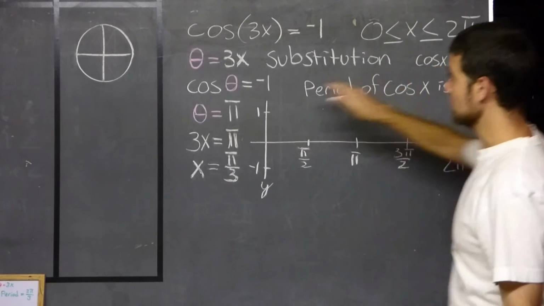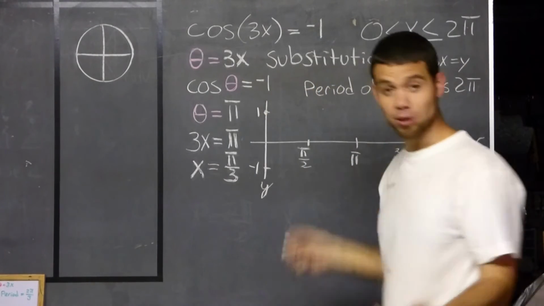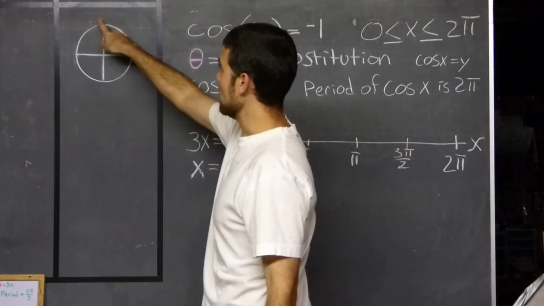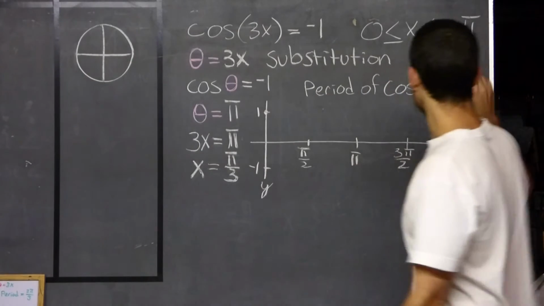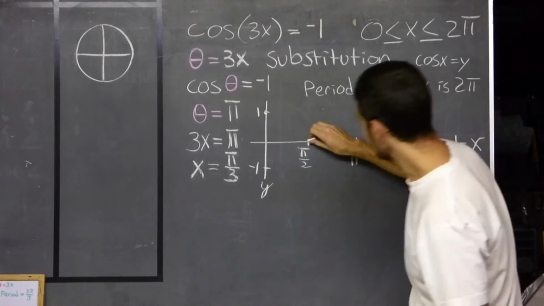So at 0, cosine is 1. That should be review at this point. At pi halves radians, cosine gives an x value of 0, which we're going to put as our y value on this graph, 0.